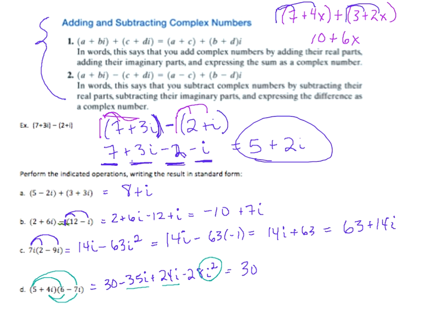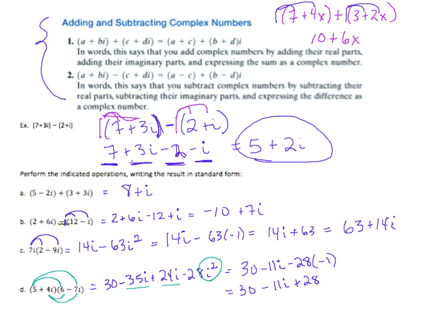So I have 30, let's see, negative 35 plus 24 is negative 11. You subtract and take the sign of the larger. And then I have minus 28 times negative 1. So I'm just going to continue to simplify. 30 minus 11i plus 28.